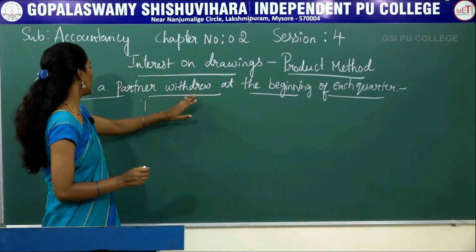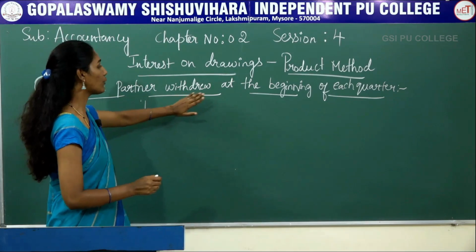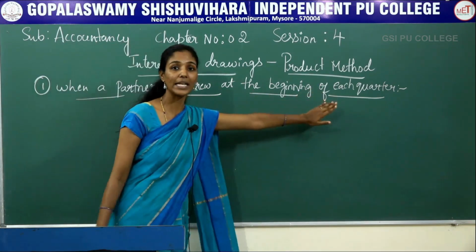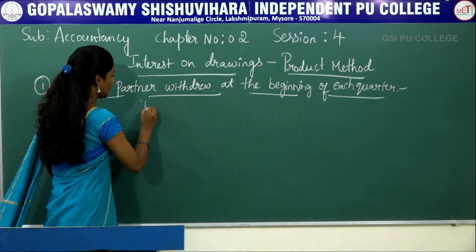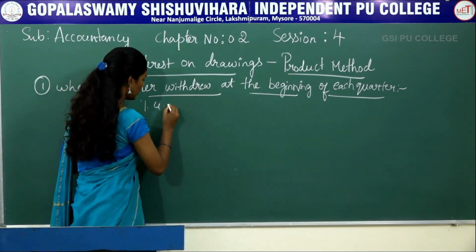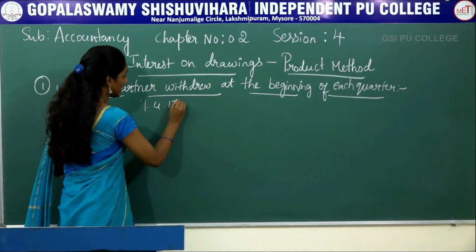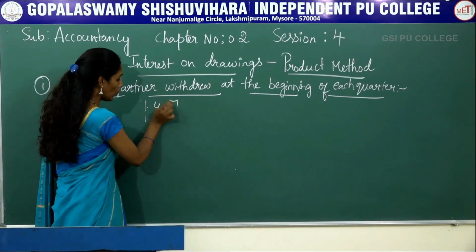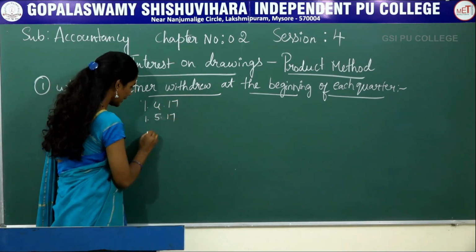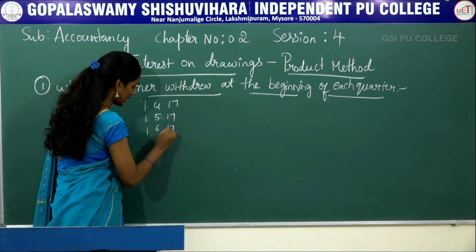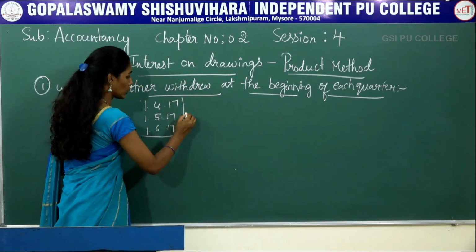So here, Uma, a partner, withdrew at the beginning of each quarter. 1/4/2017, 1/5/2017, 1/6/2017 is the first quarter.